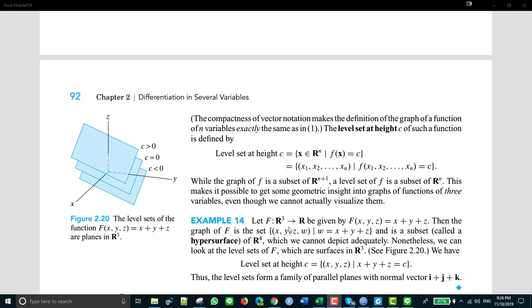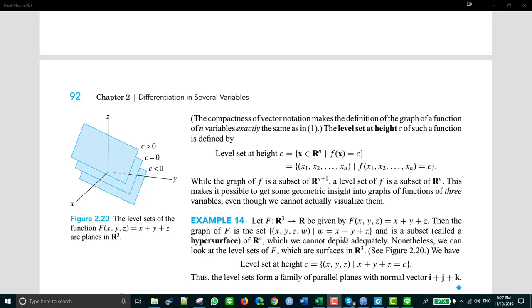So suppose we have such a function that looks like this. Again, this is a function from R3, there are 3 elements here, to R. Then the graph of f is going to be a 4-dimensional object that satisfies something like this, where w is the output, the 4th element in the vector, and is a subset called a hypersurface of R4.